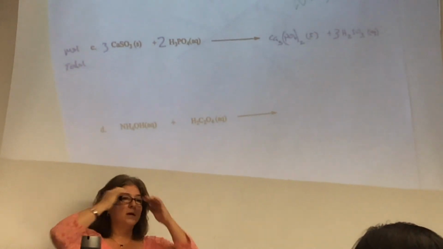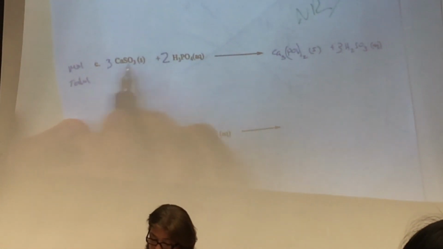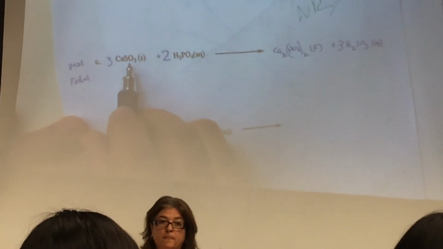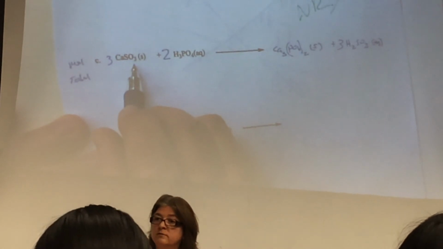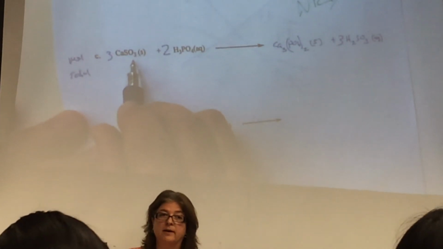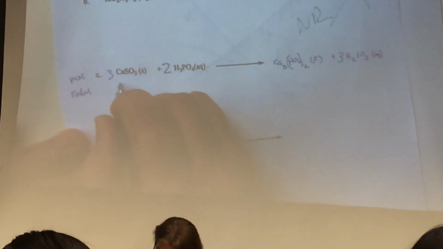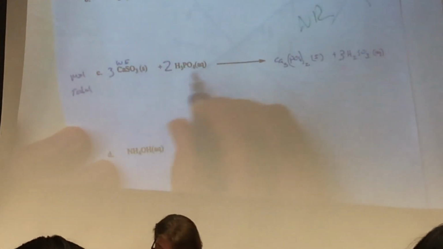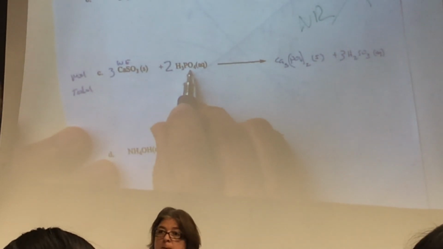Break the strong and leave the weak alone. Is that fair? So strong electrolyte, weak electrolyte? That's an insoluble salt. It's weak. Strong electrolyte, weak electrolyte? Where do I look?